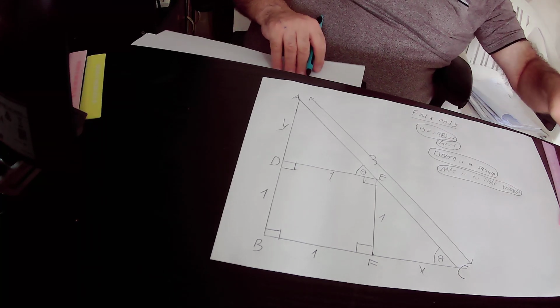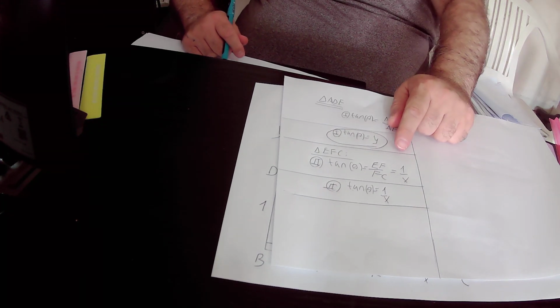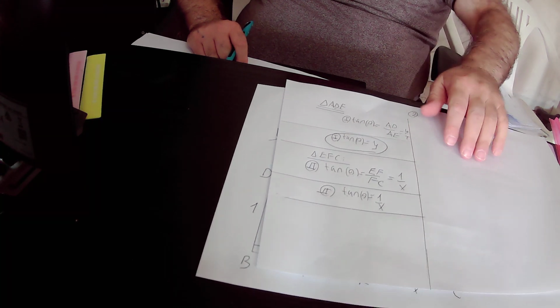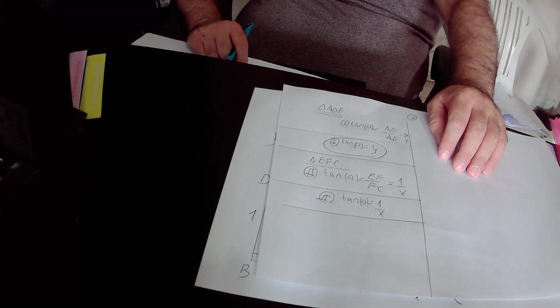I will repeat again, according to equation number 2, in the right triangle EFC, tangent theta equals 1 over x. So we have two different expressions for tangent theta.